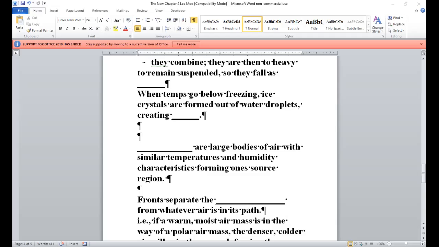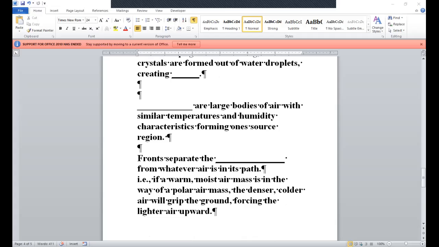Just enlarging on this, the front, and you can see this over on page 92, figure 4.26. The fronts separate the cold, dry air from whatever air is in its path.